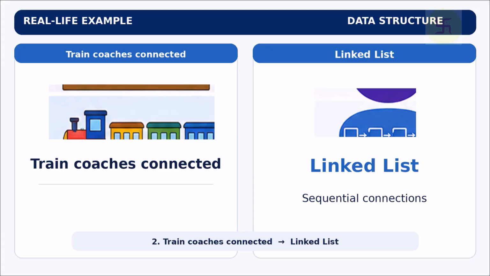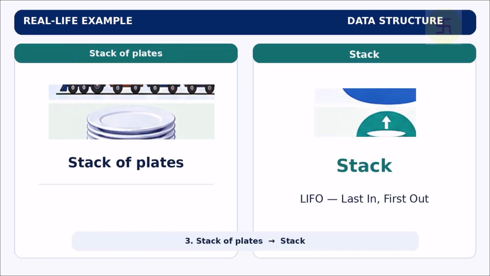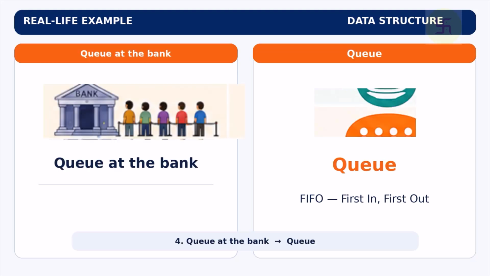A stack of plates is a perfect example of a stack. The last plate placed on the top is the first one removed. This is called LIFO, last in first out. Similarly, a queue at a bank follows FIFO, first in first out.